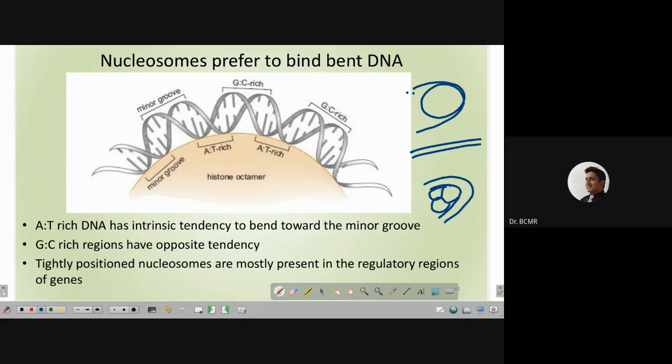Usually that happens when there are AT-rich regions, where the minor groove, say this is the major groove and this is the minor groove, has more and more ATs. They tend to bend, and that is favorable for the formation of nucleosomes. If in this same place you have GC rich, then they do not form as well.